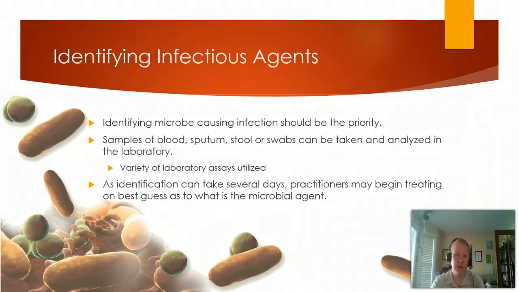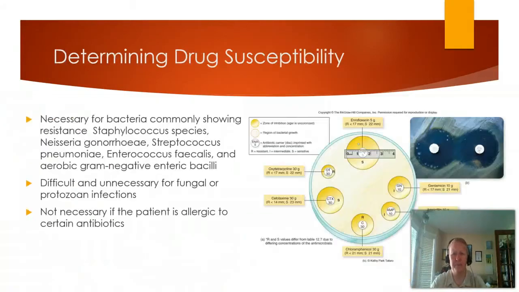So practitioners may actually be treating before they know the infectious agent. And this is actually somewhat of a balance with antimicrobials, and we'll talk about that in the third topic. But that's how we identify those agents. The stuff that you're doing in lab is exactly how they do it in the clinical lab, just with a little bit of a spin on it for clinical needs.